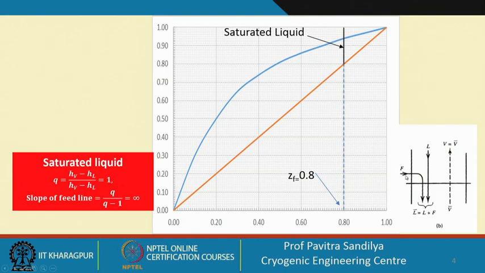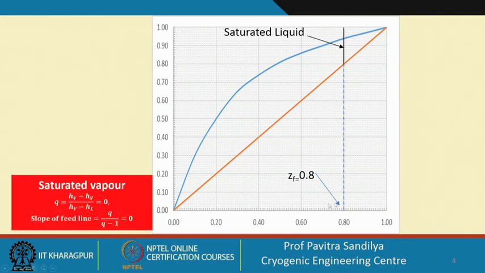Now, what we find is that the introduction of feed, because it is liquid, is going to increase the liquid flow rate in the stripping section by adding to the liquid flow rate from the enriching section. So, that is how we find that the liquid flow rate in the stripping section is more than the liquid flow rate in the enriching section, whereas the vapor flow rate in the two sections remains the same.